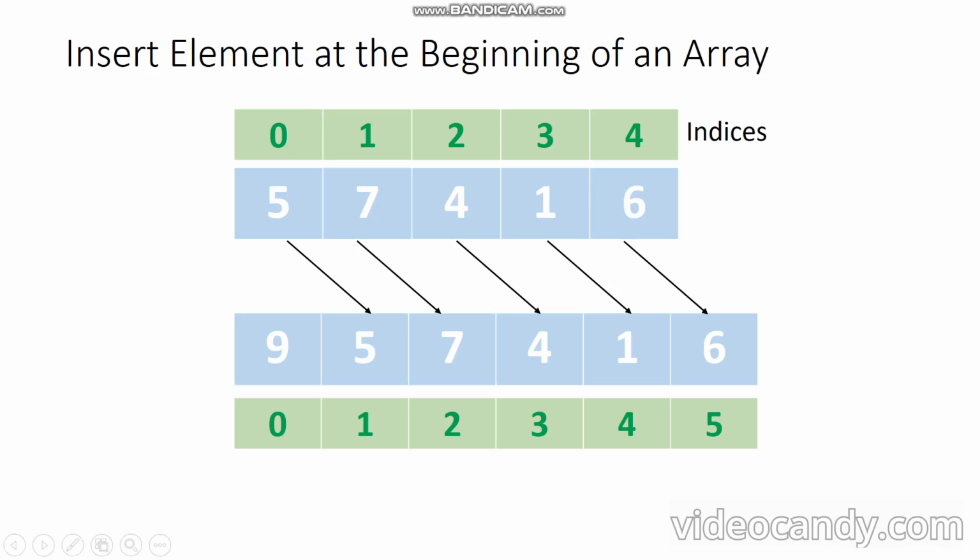So the size of the array is 5, but the last index will always point to size minus 1, that is 5 minus 1, that becomes 4. Now, what we have to do? We have to insert the element at the beginning. As you can see, here the total size of the array is 5. That means the maximum elements which we can store in the array is 5.